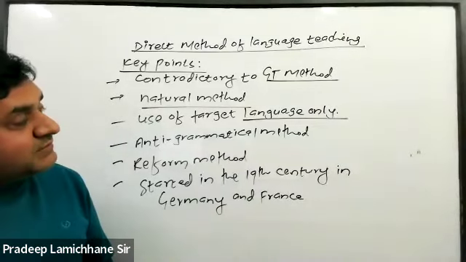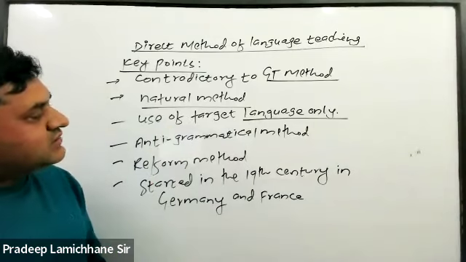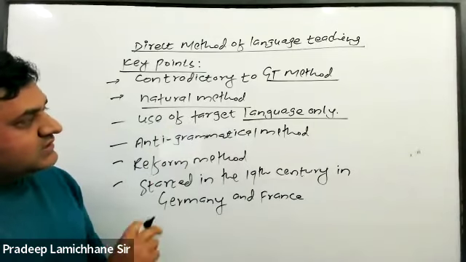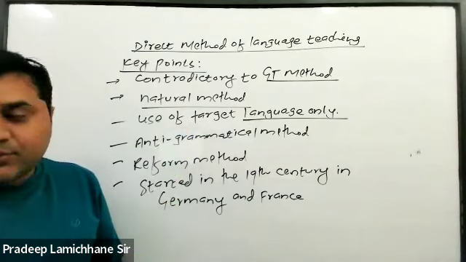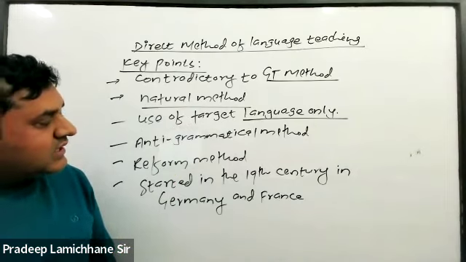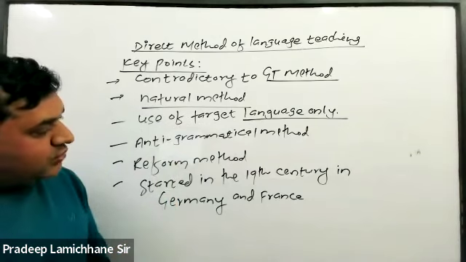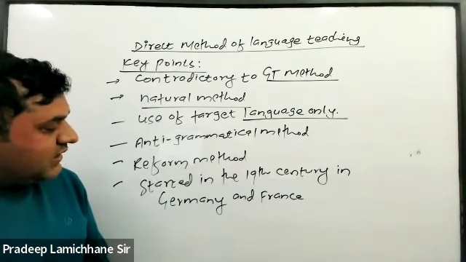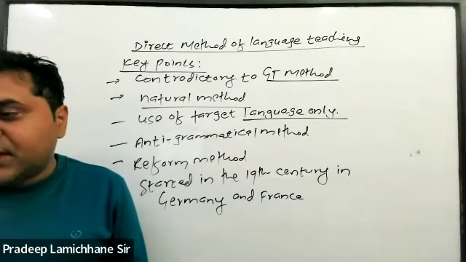That's why direct method is contradictory to grammar translation method. This method is called a natural method. It prescribes only the use of target language while teaching language. This is a kind of anti-grammatical method of language teaching. We know this method as a reform method, and it started in the 19th century in Germany and France.